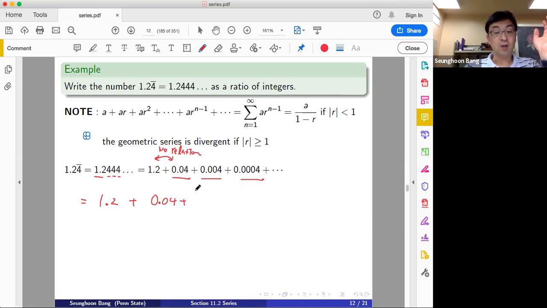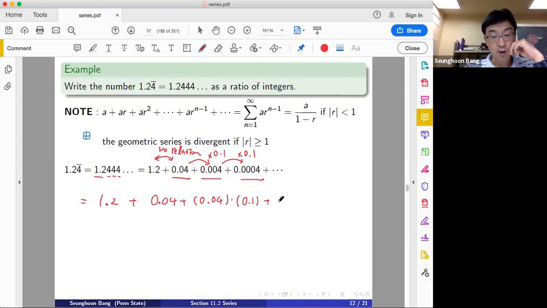So here, 0.04 plus. How can you find 0.004 from the previous term? 0.04 times 0.1 is exactly 0.004. So we have 0.04 times 0.1, plus here, the second one times 0.1 again, 0.0004.